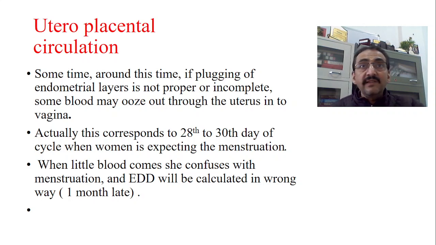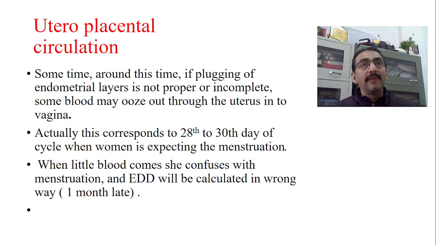The mother is not knowing till now, isn't it? The pregnancy has happened, she doesn't know. Okay, so this is only the 12th day. Usually after 40th day, if the period is not coming, then she will have a suspicion, then she will go for the testing. Now this is 30th day, so a small amount of blood is coming out, so she may confuse it with the menstrual flow.